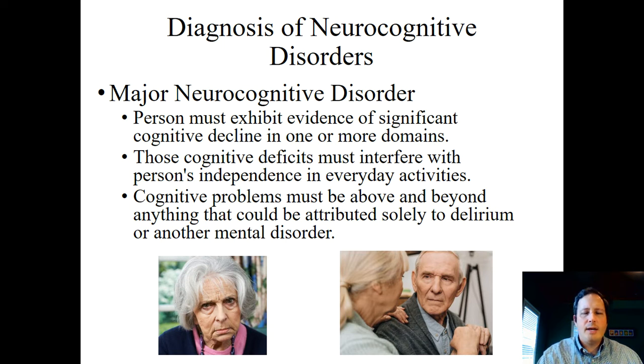In this case, for the DSM-5 to qualify, a person has to exhibit evidence of significant, and significant is the key here, cognitive declines in one or more domains, and that could be cognitive domains, social domains, and thereon.